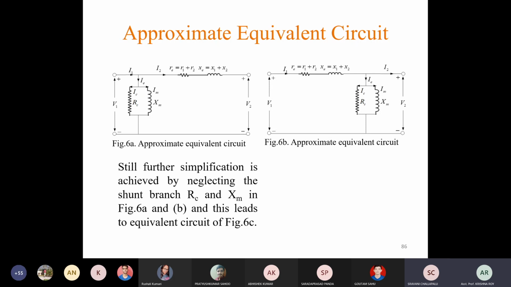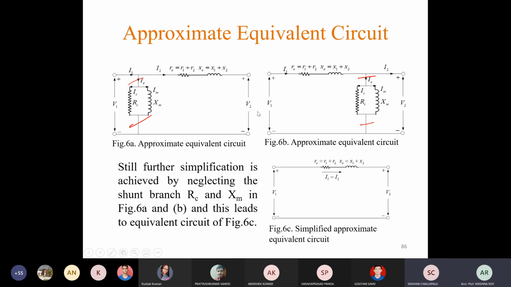So it is very small in comparison with the total current, so we can neglect the exciting current. Therefore, if we neglect the exciting current, we can neglect these shunt branch parameters also. So in both the cases, we will get a more simplified circuit as shown in figure 6c.